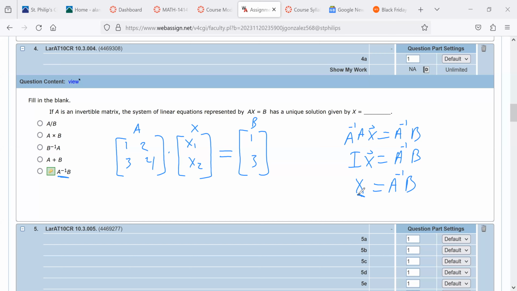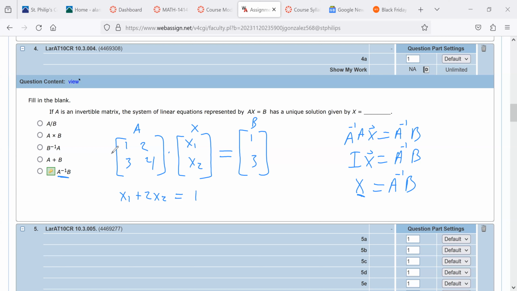Now, if you were to multiply this out, this is technically saying 1 times x1 plus 2 times x2 equal to 1.